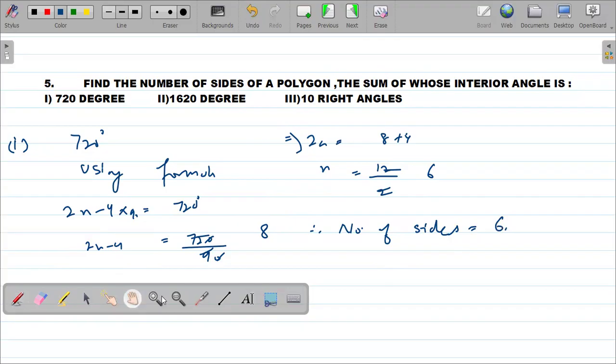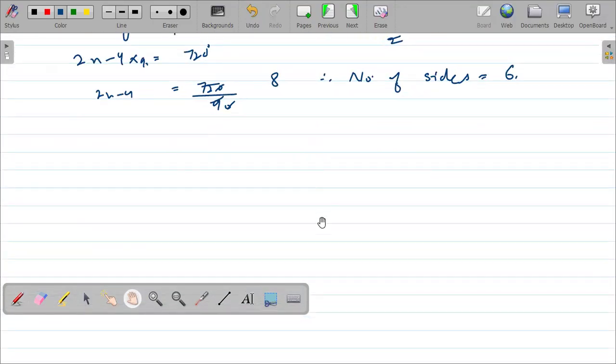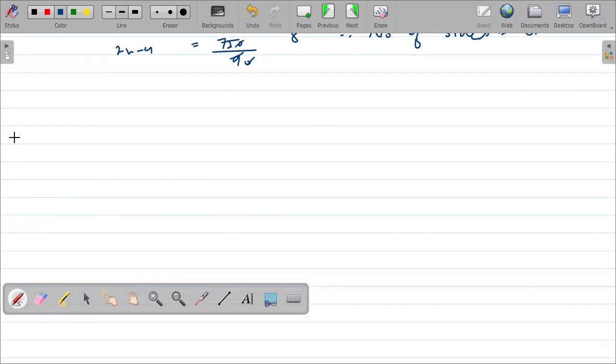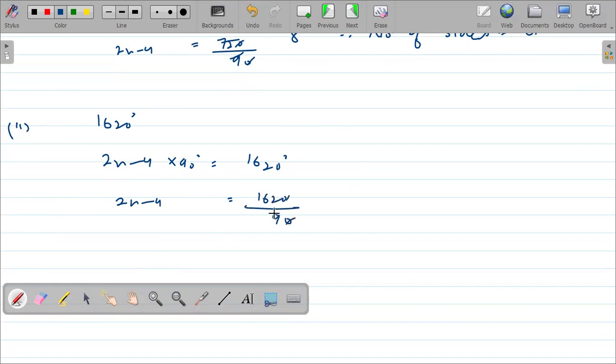Let's move further. Second part, 1620 degree. How we will solve it? We will be solving it using the formula 2n minus 4 into 90 degree is equal to 1620 degree. So 2n minus 4 equals 1620 divided by 90.